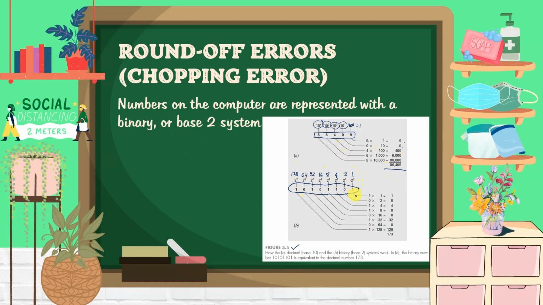For base 2 at 0, may value siya na 1, so that would be 1 equals 1. For 0, 0 times 2 is equal to 0, and so on and so forth. And summing up, this will be the represented number, and this number is a decimal number. Hindi na natin masyadong elaborate to kasi ito ay yung computer fundamentals in programming.